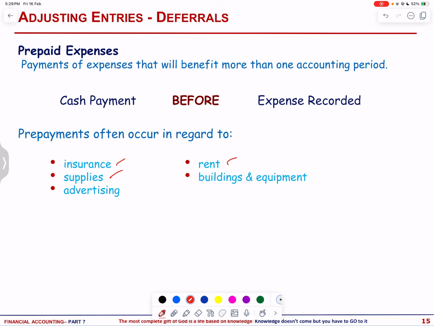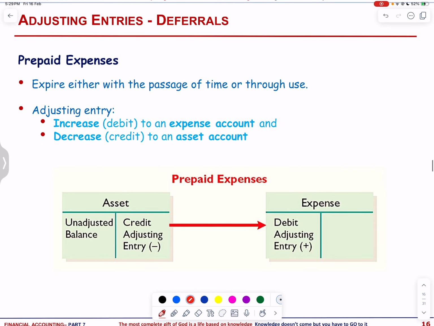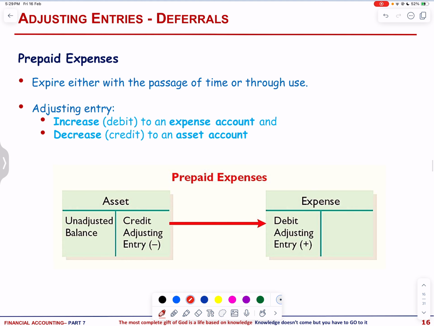Prepaid expenses are recognized at financial statement preparation with adjusting entries made to reflect current period expenses and update the asset account. Adjusting entries for prepaid expenses increase the expense account and decrease the asset account, ensuring accurate financial reporting by correcting overstated assets and understated expenses.